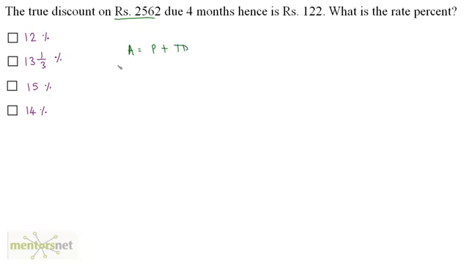Principal plus interest. Amount is 2562, is equal to principal, which is not known, plus true discount, which is known, 122, isn't it? So 2562 minus 122 is 2440, which is equal to the principal, right?